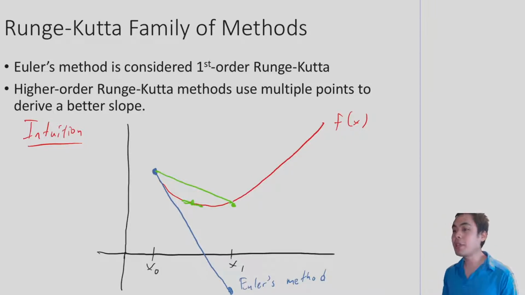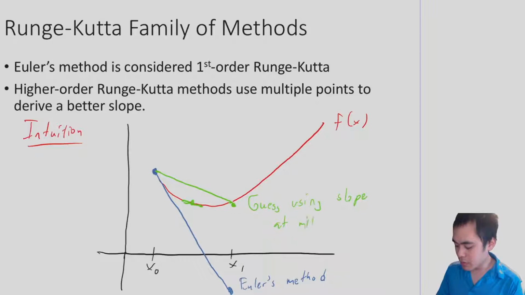So note that it's still not exactly right, but this is the guess using slope at midpoint. Let me write: guess using the slope at the midpoint of, so this is, let me not call that function f of x, actually.